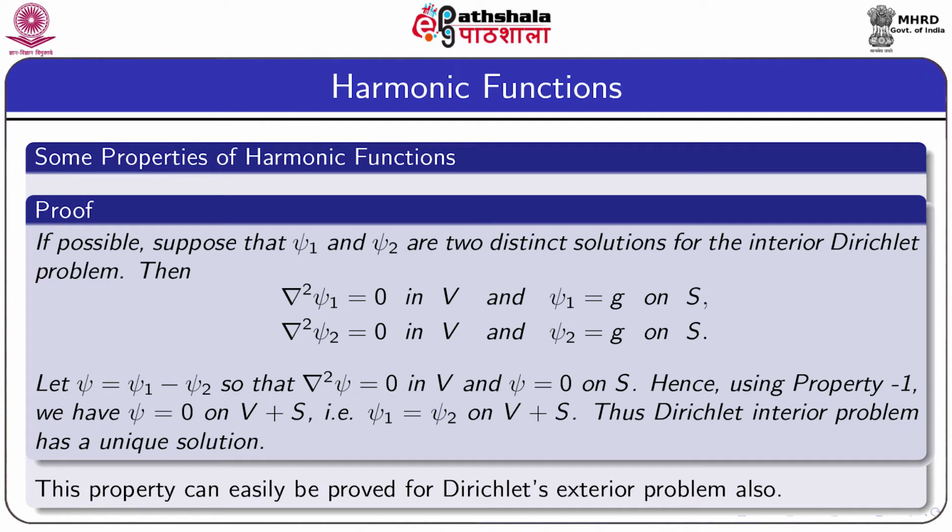Now, if we recall property number 1, from that property we can say that the solution of the equation grad square psi equals 0 in V and psi equals 0 on S is psi equals 0 on V plus S. That means psi 1 is equal to psi 2 on the domain V as well as on the boundary S. So, this implies that the interior Dirichlet problem has a unique solution.